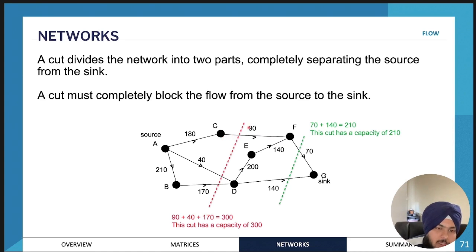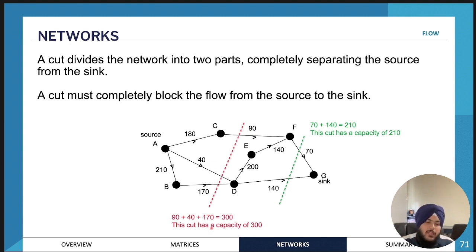So you will add the capacity of this line, then the capacity of this line, all the lines that it passes through, and then the capacity of this edge. So after you add the capacity, it's 300. And essentially the maximum flow is the capacity of the minimum cut. So you will do a variety of different cuts to find the minimum.